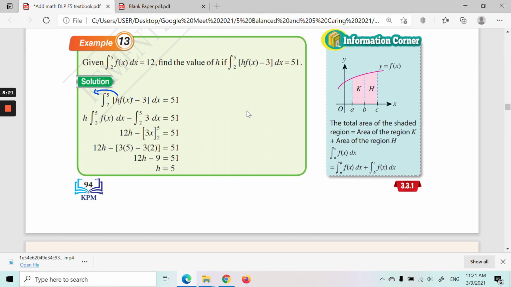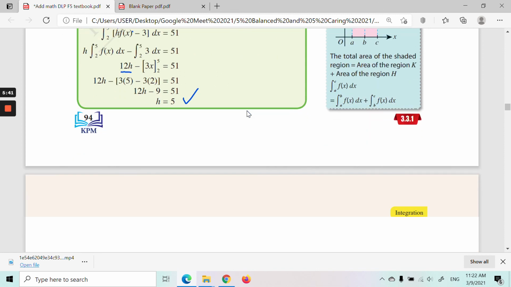This part you know the answer is 12. So 12 times h, you have 12h minus this one, you integrate like usual: 3 becomes 3x, from 2 to 5. Substitute 5 minus 2 and then solve. You can get h equals 5.